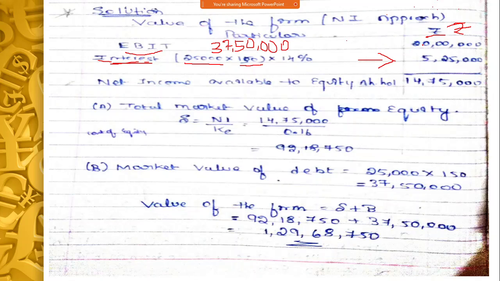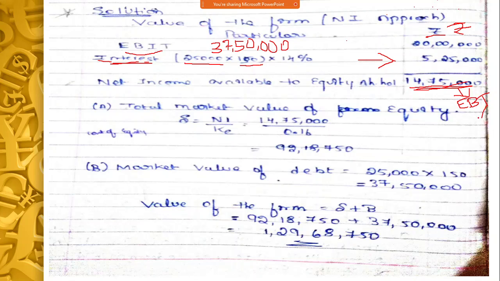Now to find the earnings before tax, we deduct the interest amount from earnings before interest and tax, and we get an amount of 14,75,000. Now this is also earnings before tax. But according to the assumption, no tax is considered under the net income approach.